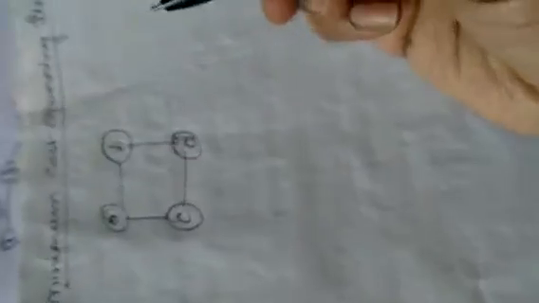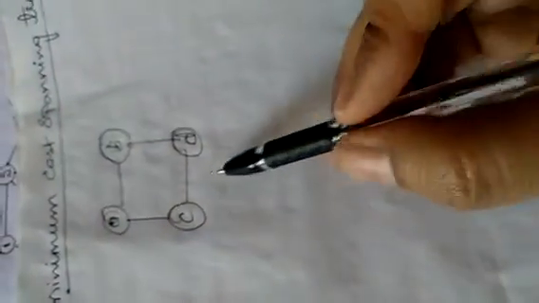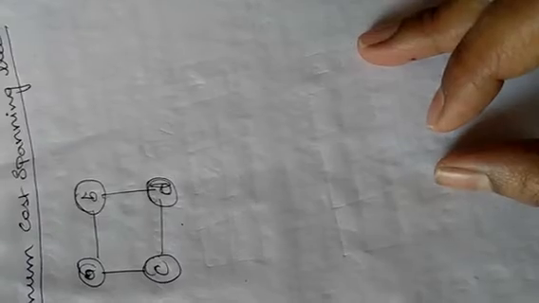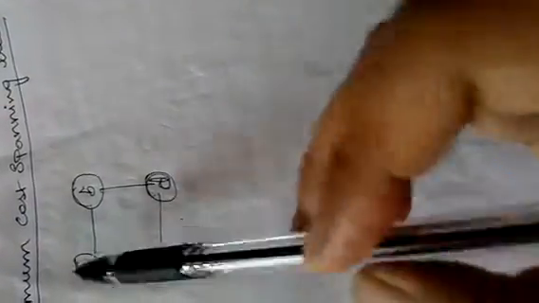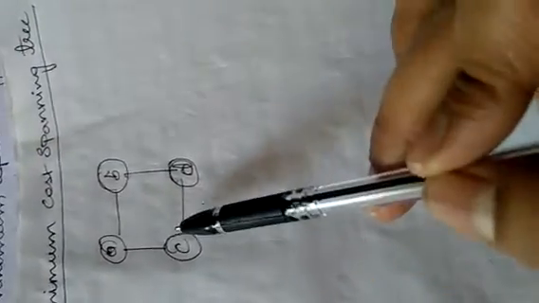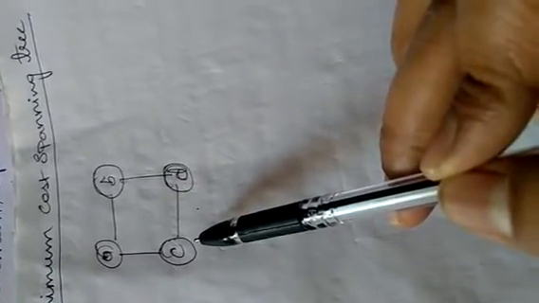This is A, B, C, D. A spanning tree is a tree in which all nodes are connected without forming a circuit. It means all the nodes should be connected, but it should not form a cycle. If a cycle is there, then it will not be called a spanning tree.